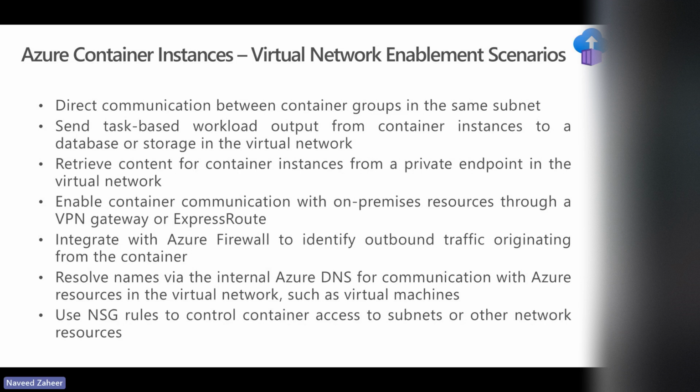And that's where these things play a key role. Now with ACI, you can deploy them in a VNet, number one, and you can deploy them in a VNet in a network isolated manner, where you can lock the subnet for any egress or ingress that you don't want. For example, if you want to block all outbound egress to the internet, you can definitely do it.